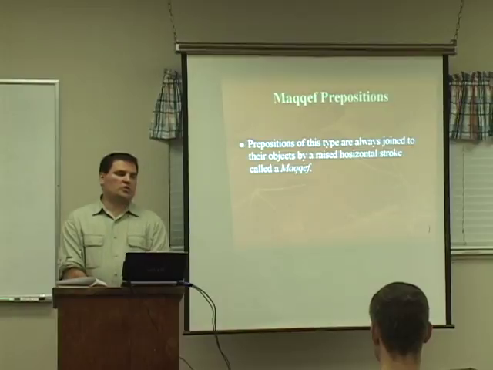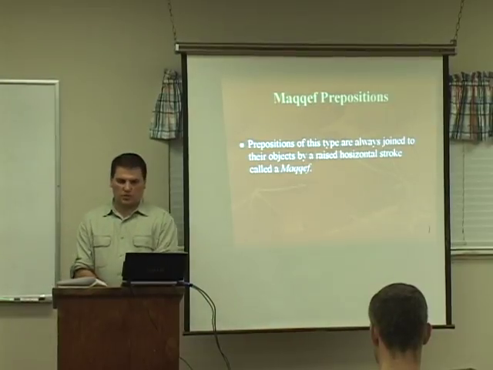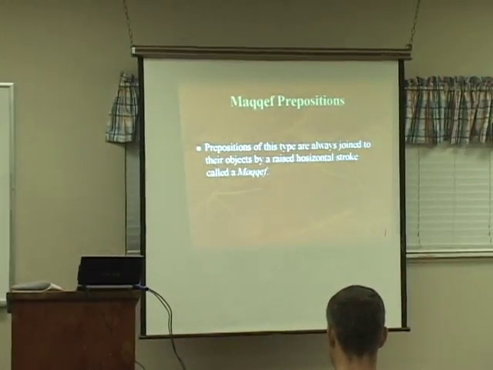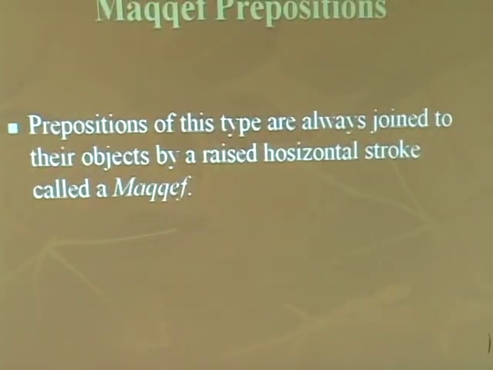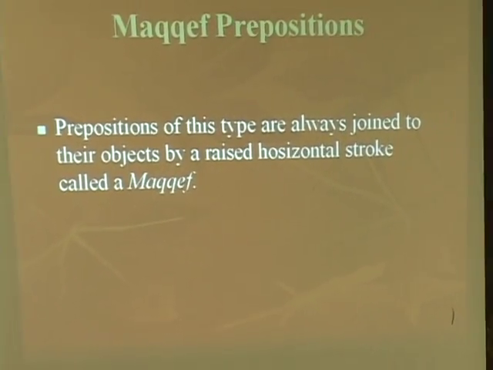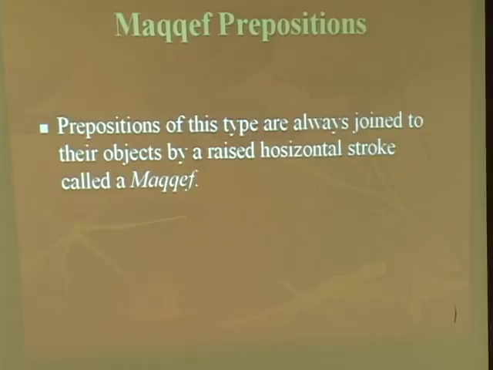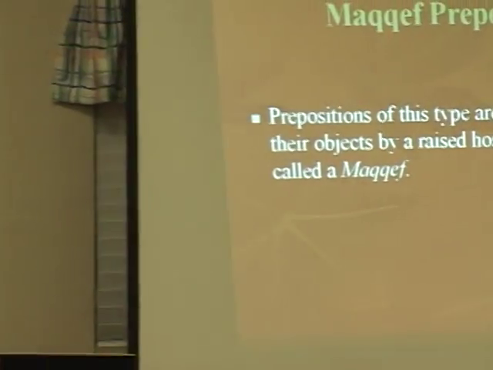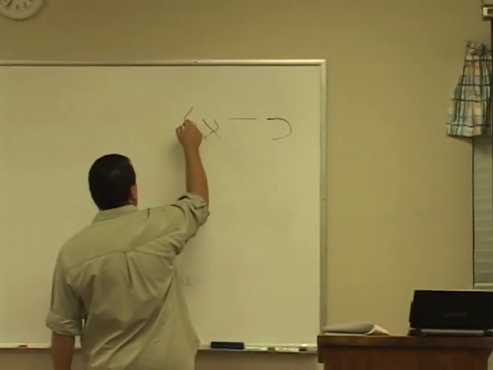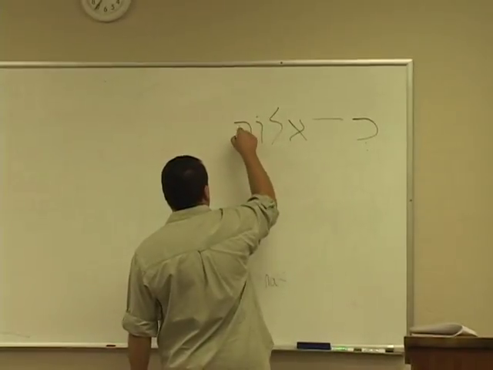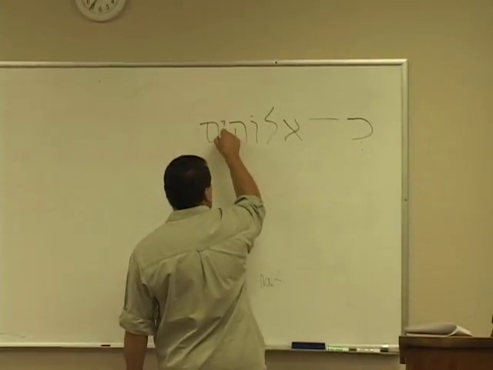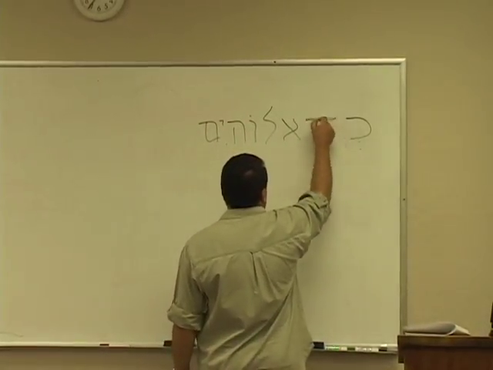There are some prepositions that are called makef prepositions. This is that little horizontal line that appears usually before one word and after the other.